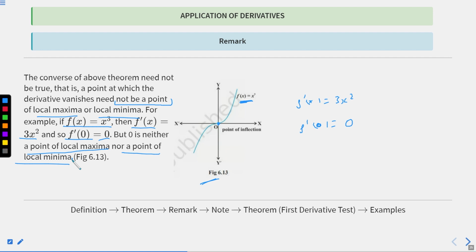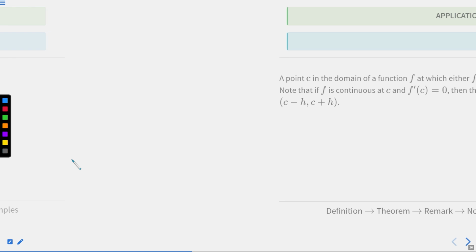Clear? So the converse of the previous theorem is not true, as you can see with the example f x equals x cube.